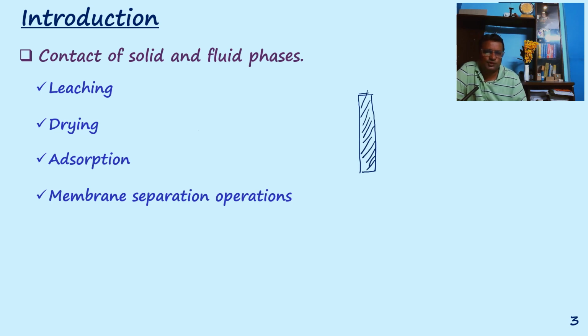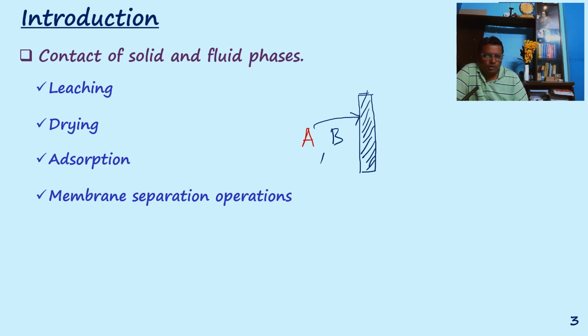It could be made up of different materials, and on one side you could have a liquid solution, or you could have a gaseous mixture. So, for example, let us say that on one side you have a mixture of A and B again, and the membrane selected has an ability to allow only A to pass through it. It is permeable to A.